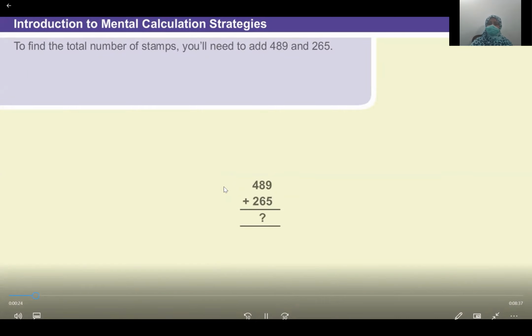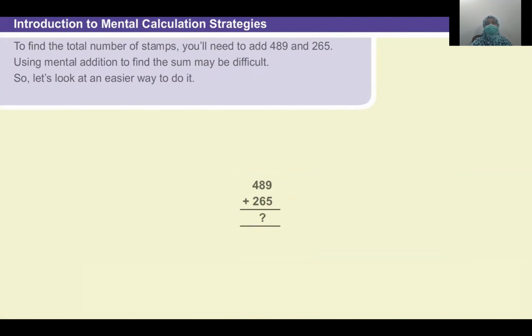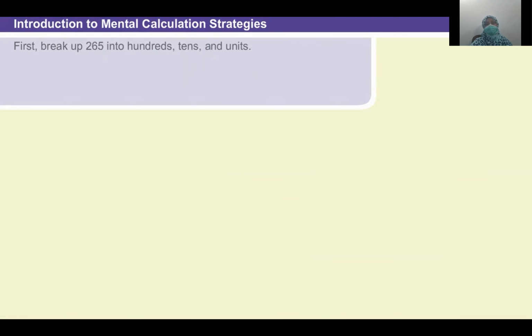Isn't it easy for you to calculate in this way? Using mental addition to find the sum may be difficult. So let's look at an easier way to do it. So how do we do it? First of all, you have to break up a number into hundreds, tens and units. So I'm going to choose the number 265.